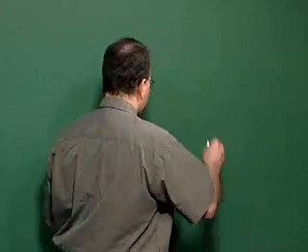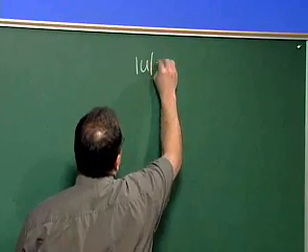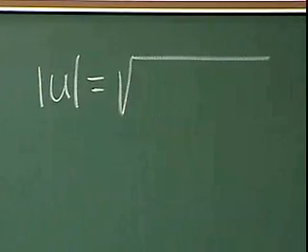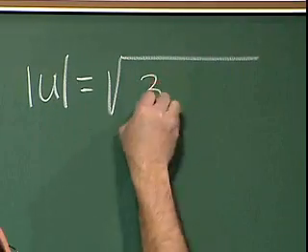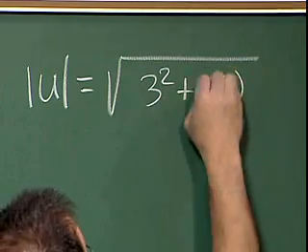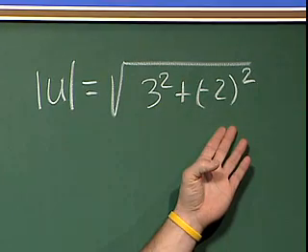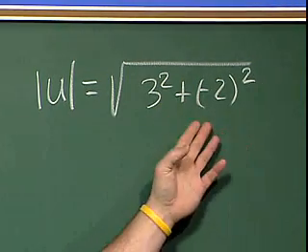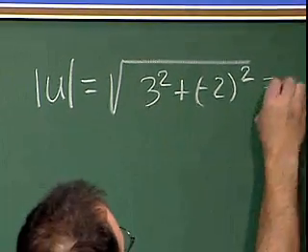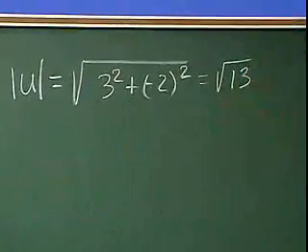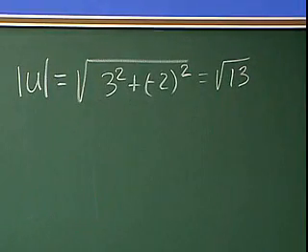So, to find the magnitude, we use the formula that the magnitude of u, or the absolute value of u, is equal to the square root of a squared plus b squared. So, in this case, we have 3 squared plus negative 2 squared. 3 squared, of course, is 9. Negative 2 squared, of course, is 4. 9 plus 4 is 13. So the magnitude of vector u is the square root of 13.